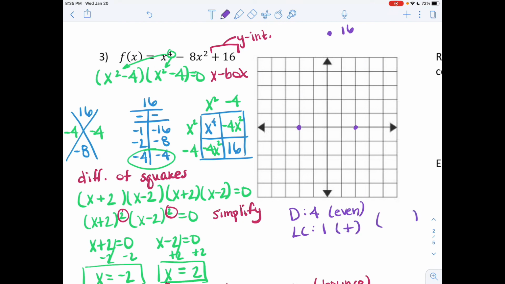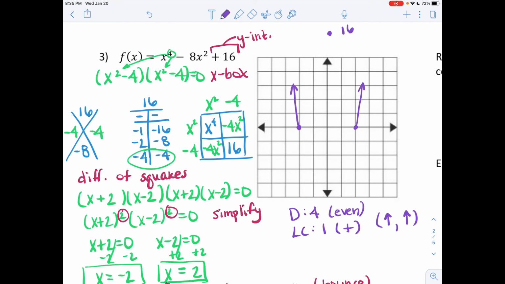And so that means my arrows, well, this one on the right goes up because the lead coefficient that's positive says up. Even says the left does the same thing. So I want my arrow going up on the left and going up on the right. And remember that I need to bounce at negative 2 and at positive 2.